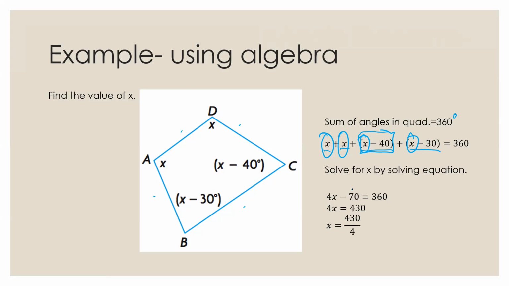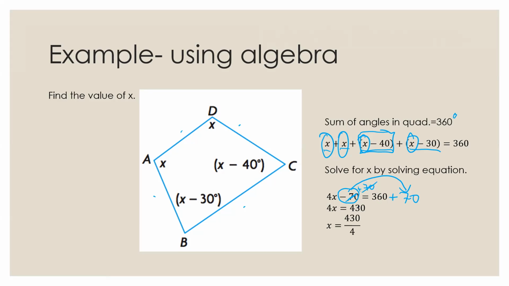And my next step here, and I know I'm skipping a couple of steps because I'm assuming you guys are definitely becoming pros with algebra. If I want to move the negative 70 over to the other side, I know I have to add 70. And if I add 70, that means that the 70 on the left-hand side is gone and moved to the right-hand side. And now I end up with 4x is equal to 430.